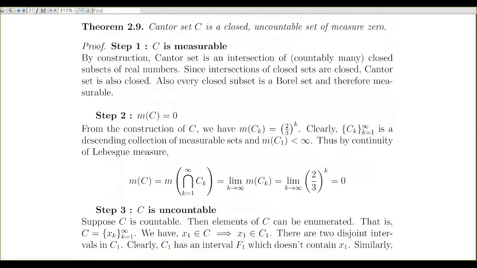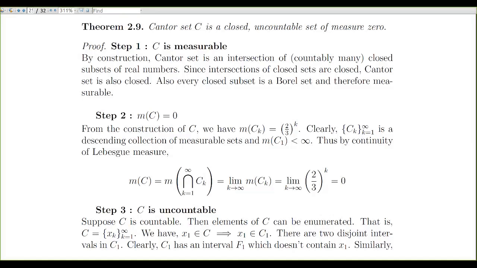At any stage, Ck contains 2^k closed intervals, and the union of finitely many closed intervals is always closed. Therefore C1, C2, C3, ..., Ck are all closed sets, and a countable intersection of closed sets is again closed. Therefore, the Cantor set is a closed set.